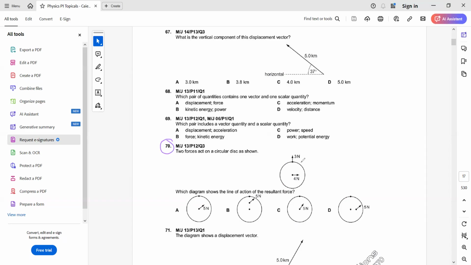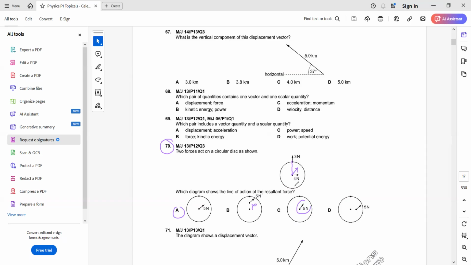No, B is not possible. See, line of action means somewhere here. Oh, okay. So C? Yeah, it can be C and A basically because both of these are in a similar direction.